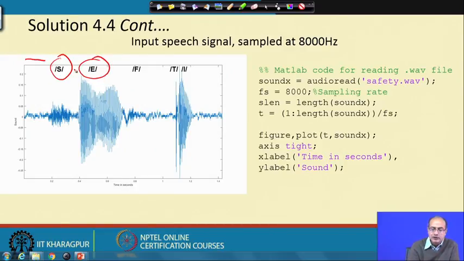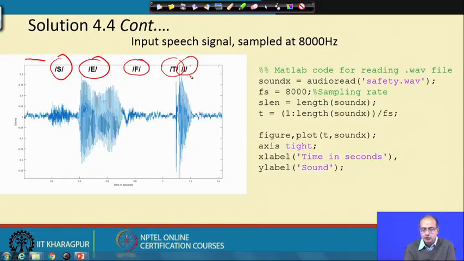This is a voiced sound, after the consonant. Again F is a consonant, or we can say an unvoiced sound. Then T is a plosive, then again in safety, the I sound, this is a voiced sound.